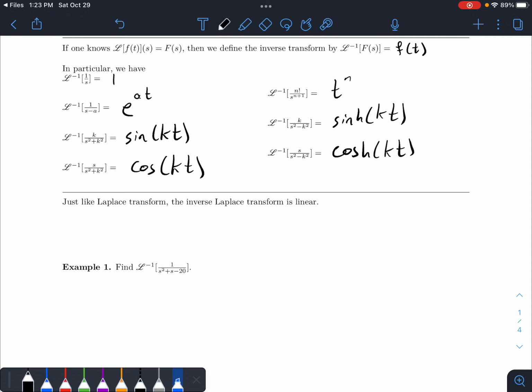All right. Conveniently, we use the fact that the Laplace transform is linear a lot in our computations. Same thing works for inverse Laplace transforms.